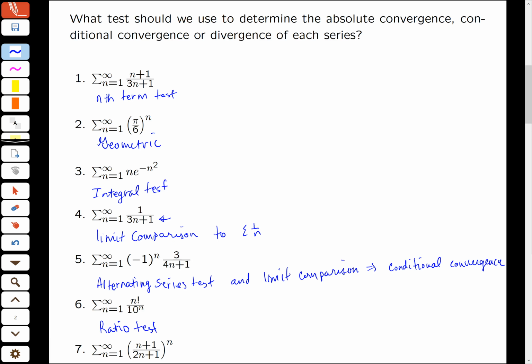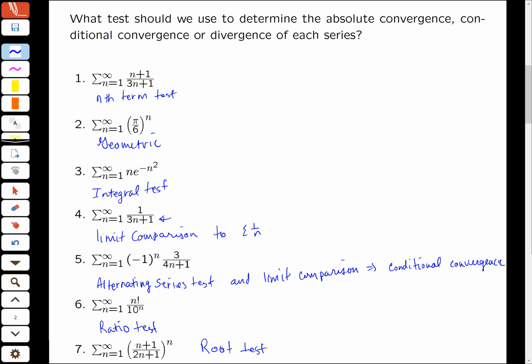And then, number 7. It's a root test. Why is it a root test? Everything is to the power n. That's the only time we are ever going to use a root test. Those are one example each for all of the tests that we have.